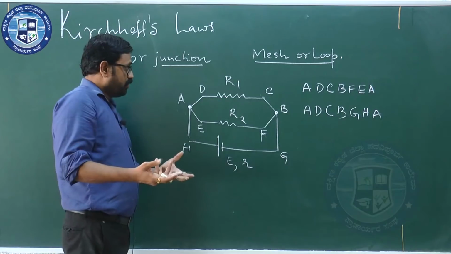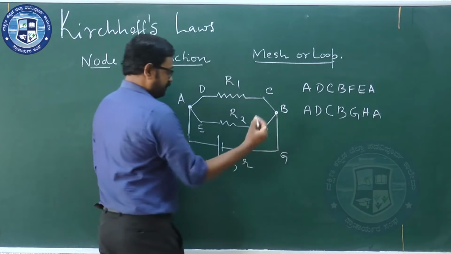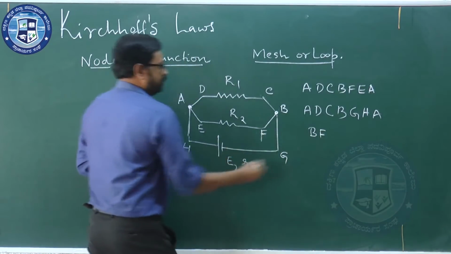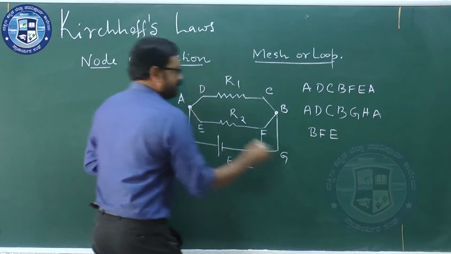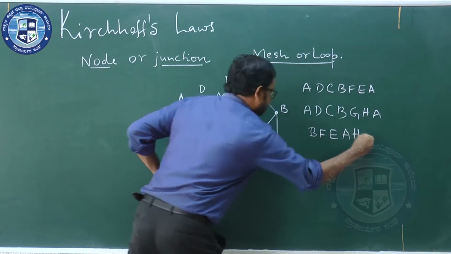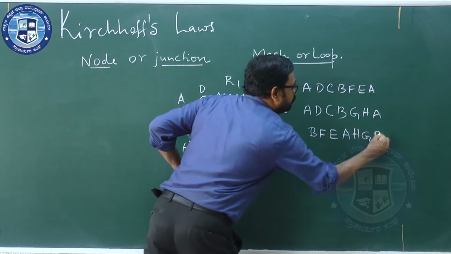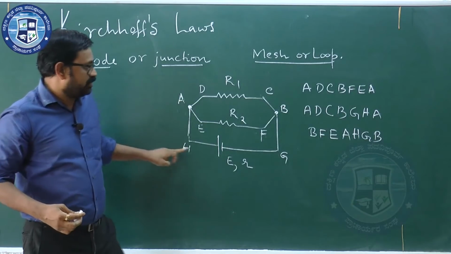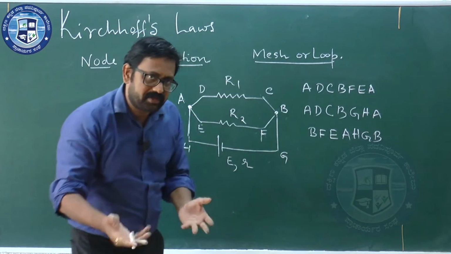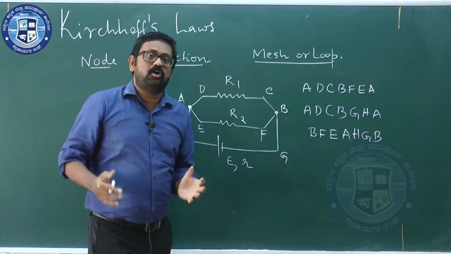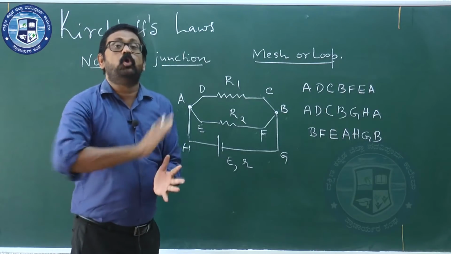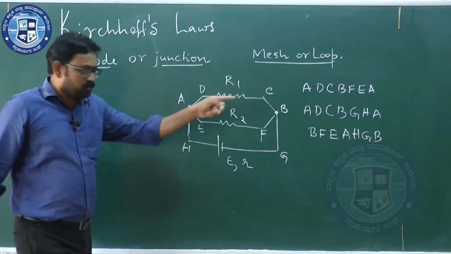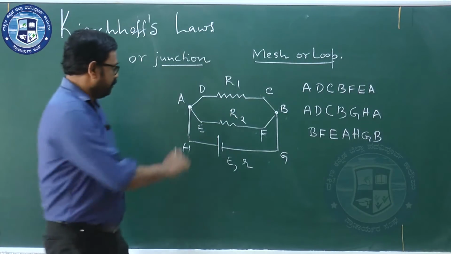Or even I can think of giving one more example. See this. B, F, E, A, H, G, B. Even that is also a mesh. Mesh or a loop is a closed path for a current in an electrical network. So look at those three examples which I have highlighted.